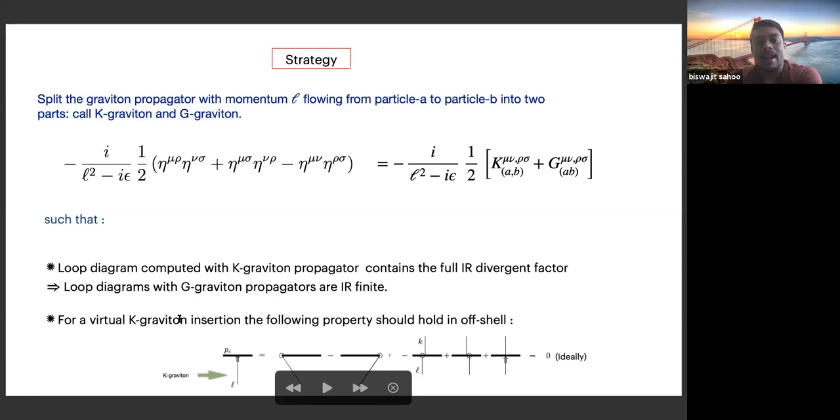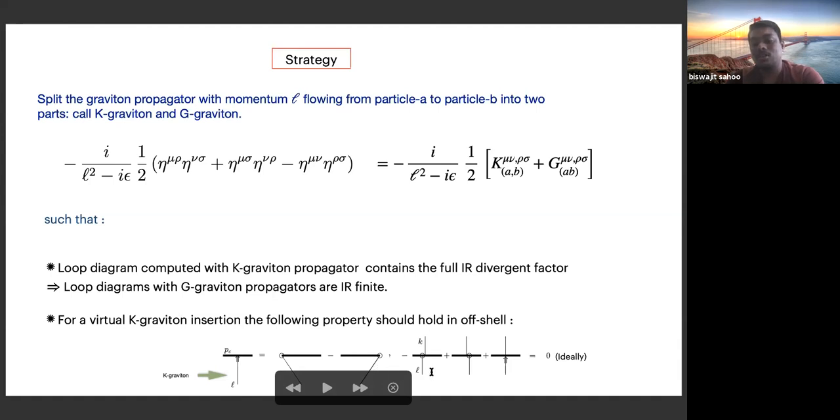Another thing is that, so that the Ward identity kind of relation is valid, we choose this virtual K graviton to be like a pure gauge kind of thing. So it will be proportional to the L momentum of this graviton, such that if we insert this graviton into a scalar line, we can write it in terms of two diagrams where this K graviton is connected to the extreme left and extreme right.